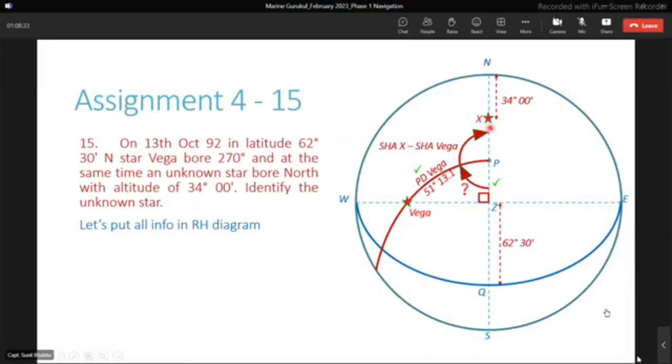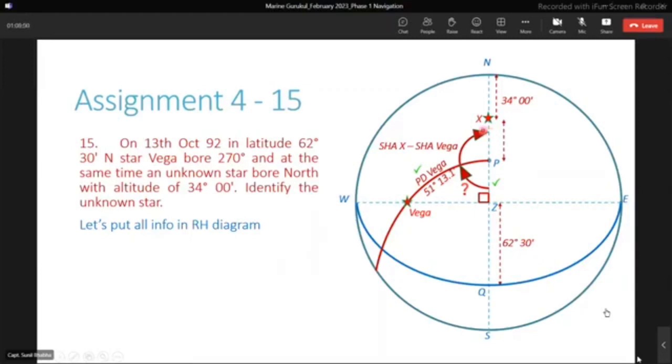So what I am going to do now is I will check the SHA of Vega on 13th October 1992 from the almanac. To the SHA of Vega, I will add this particular angle and I am going to get the SHA of the unknown star. So we will find out the SHA of the unknown star.